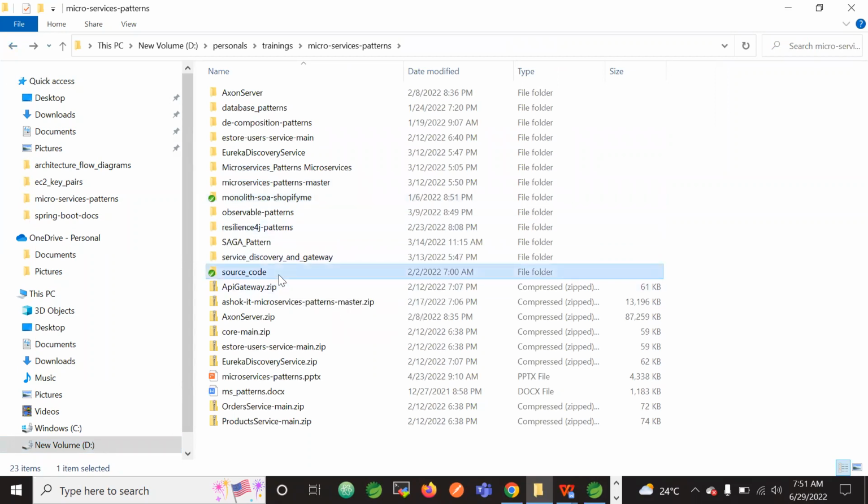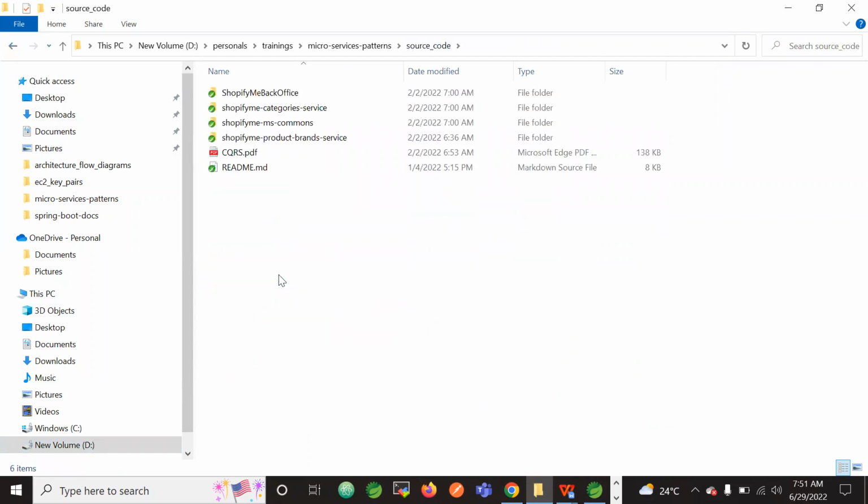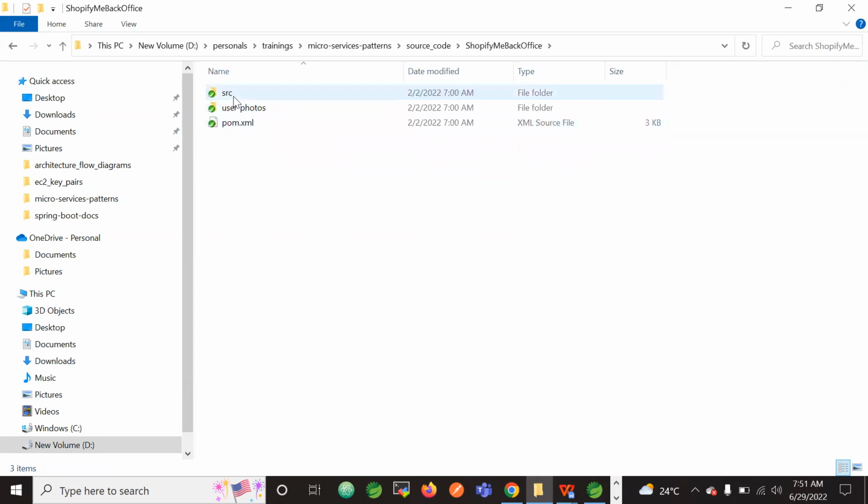See this. There is a product service, there is a category service, and there is a commons application, which is used by the category service and the product service. Earlier, the category service and product service were part of this back office application.